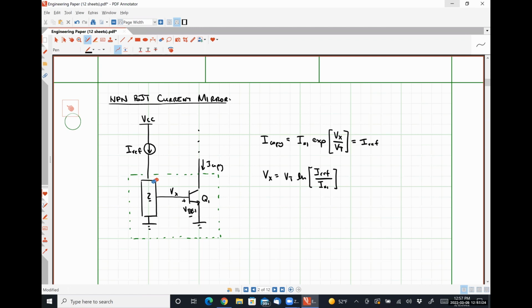So if I replace my black box with this guy, let's call this Qref, I have satisfied my constraints under a very specific condition, and that is IS ref must be identical to IS1.